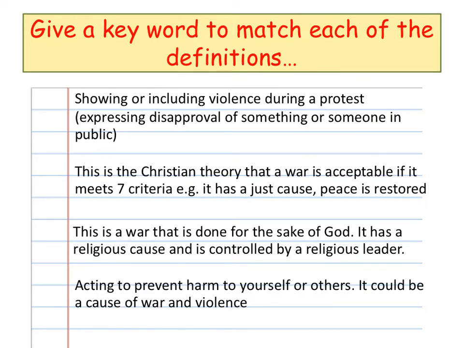Number 10, this is the Christian theory that war is acceptable if it meets 7 criteria, for example, has a just cause or peace is restored. Number 11, this is a war that is done for the sake of God, it has a religious cause and is controlled by a religious leader. Number 12, acting to prevent harm to yourself or others, it could be a cause of war and violence.